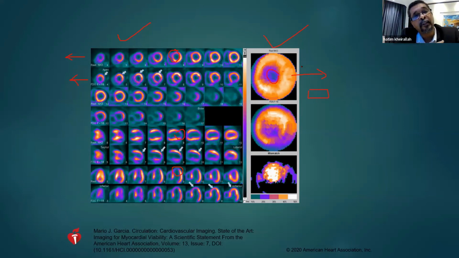Even TID, which is transient ischemic dilatation, comes here from the software, exactly the difference in this donut circle or gap between stress and rest, exactly how much ratio, 1.5, 1.9, and this is all software quantification.